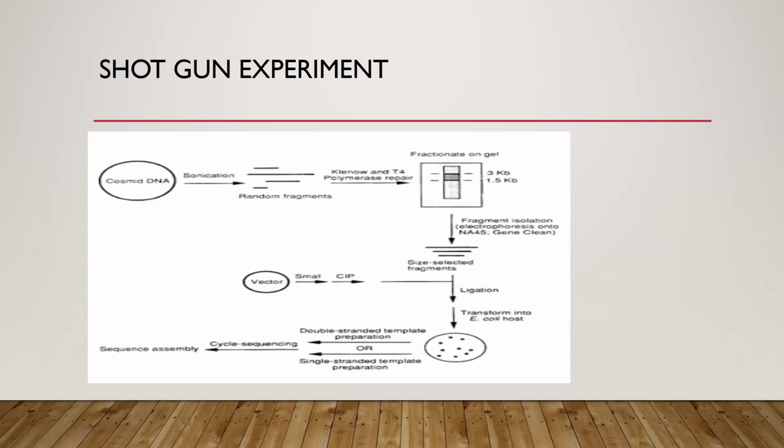Next step, sonication. Sonication means that by using an ultrasonic method, we fragment the cosmid vector into different DNA pieces. That is called random fragments.